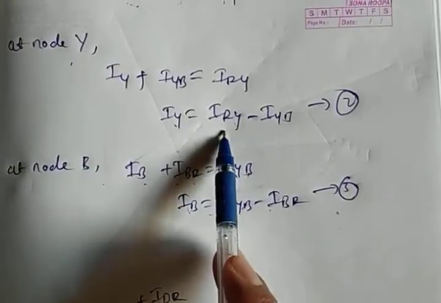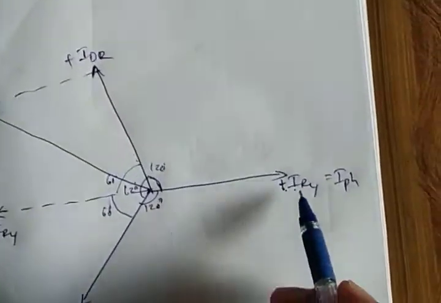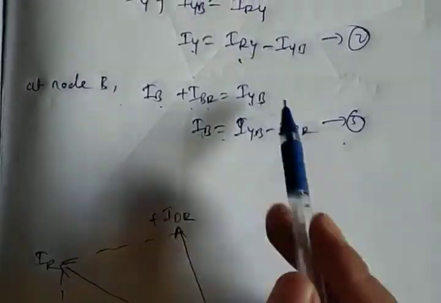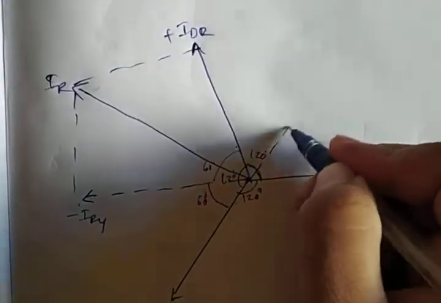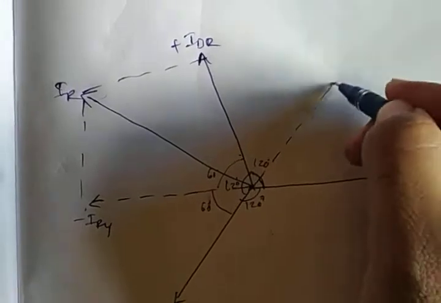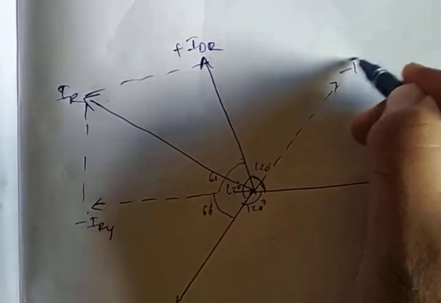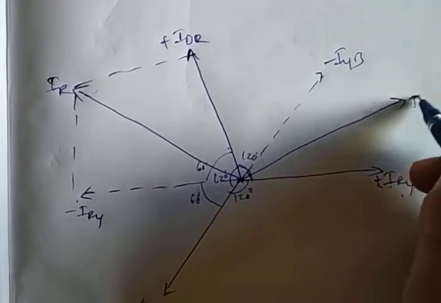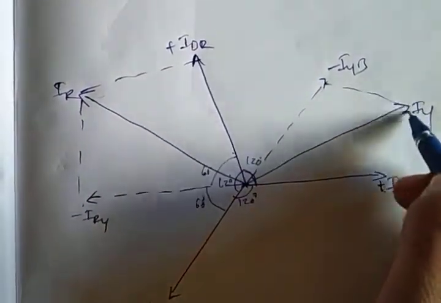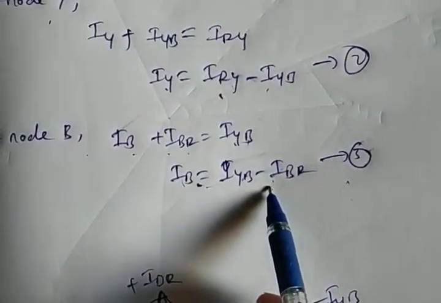Similarly, draw the second and third equations. IY is equal to IRY minus IYB. IRY is available here, and we require minus IYB. Plus IYB is here, so opposite to this you will get minus IYB. Again the resultant is IY. The third one, IB is equal to IYB minus IBR.